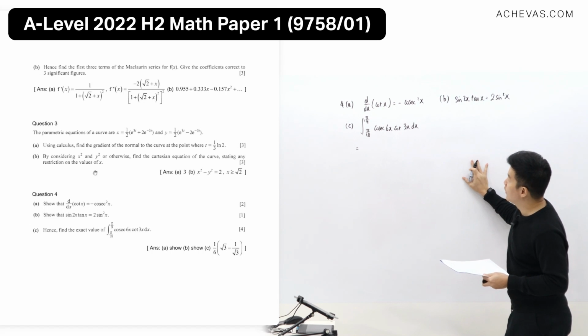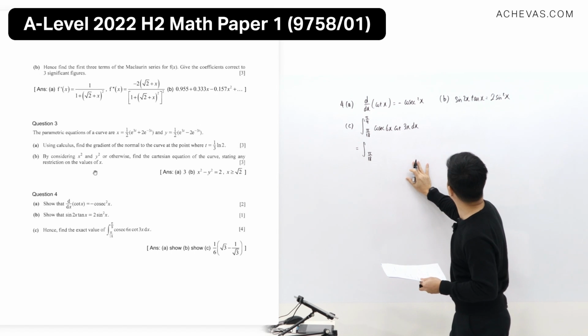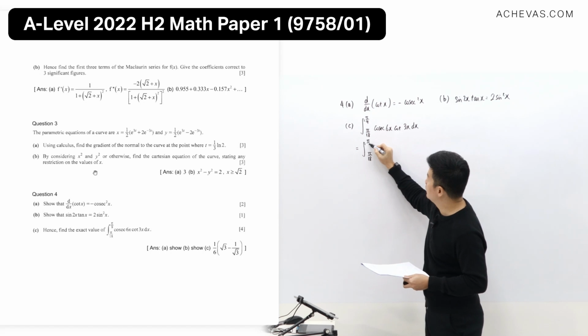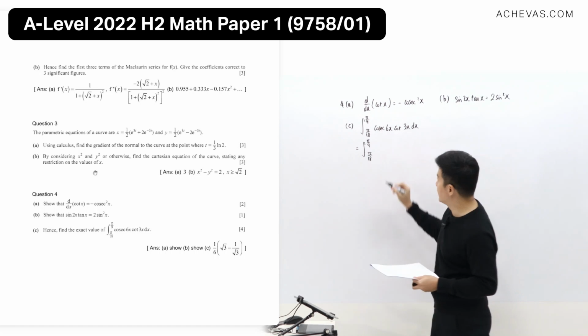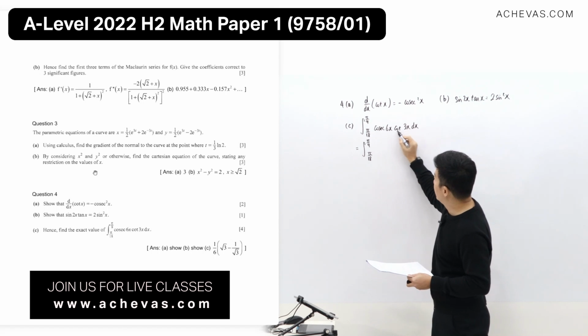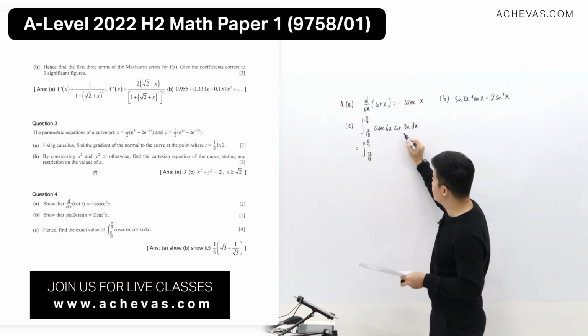I think what I'm going to try to do is change this cosecant 6x to 1 over sine 6x. And cotangent, I will change it to 1 over tangent. I have a reason for this.